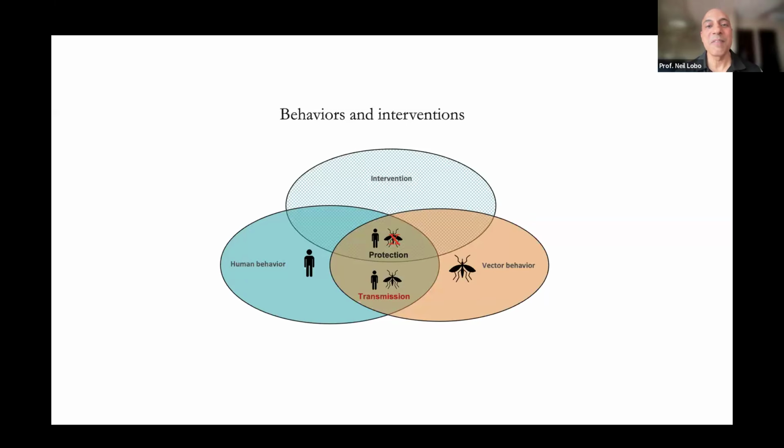When we look at behaviors and interventions, it's really important to understand that when we put pressure on a system, like imagine when you push down on a blown up balloon, it pushes back, correct? And malaria has been around far longer than humans. Malaria was there before humans were around on this planet.